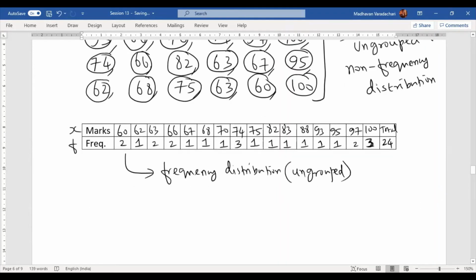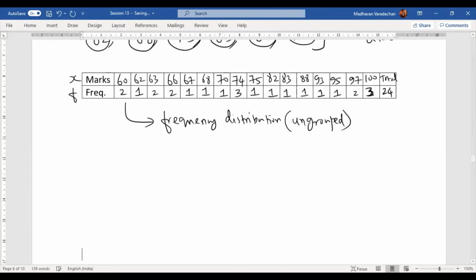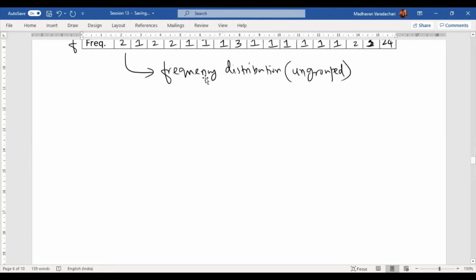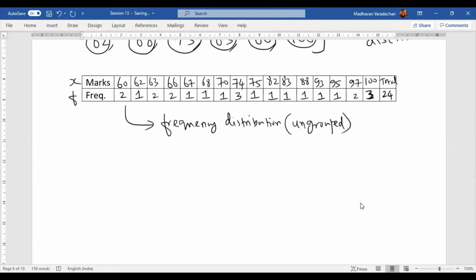Now let us understand how we create a grouped frequency distribution using the same data. We may notice that the least is 60 and the highest is 100. So we will create our groups starting from 60 only.